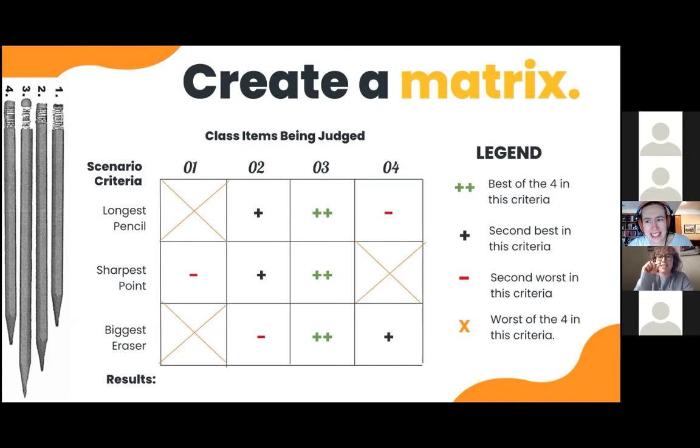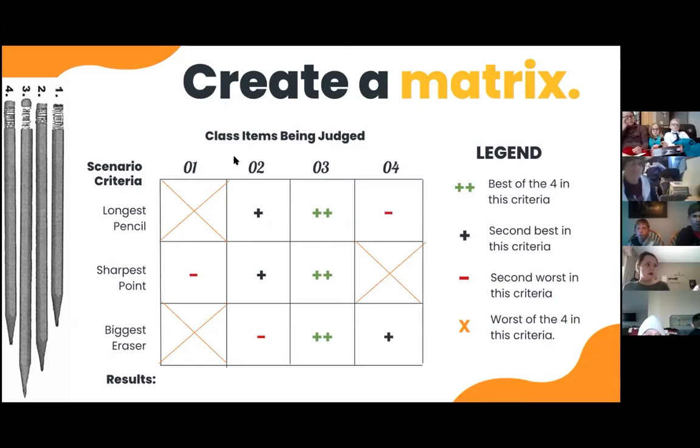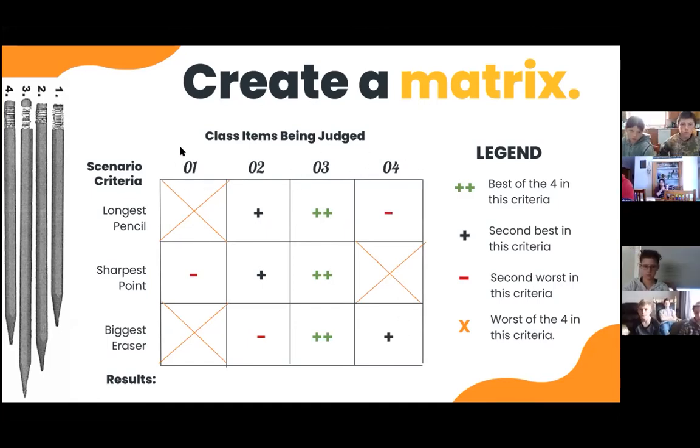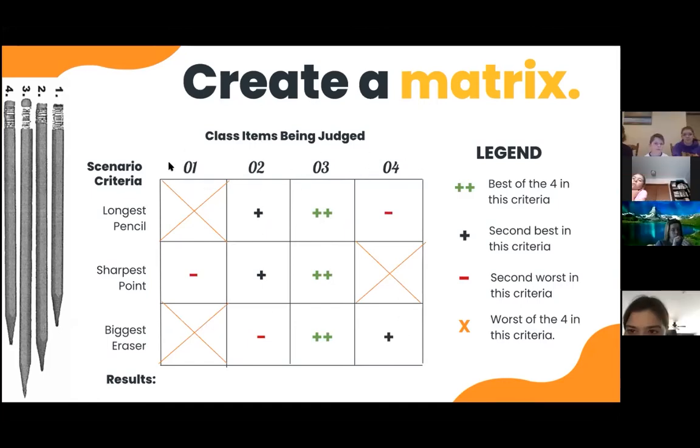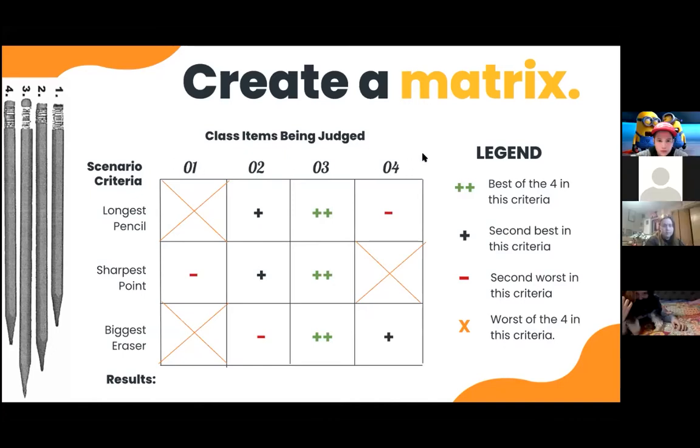So we have class items being judged across the top. For example, pencil number 1 is this column, pencil number 2 is this column, pencil number 3 and pencil number 4, okay? Whether we were doing all 4 items or just 1 single pair, the class items go across the top.